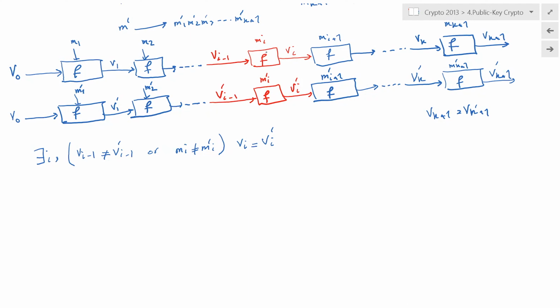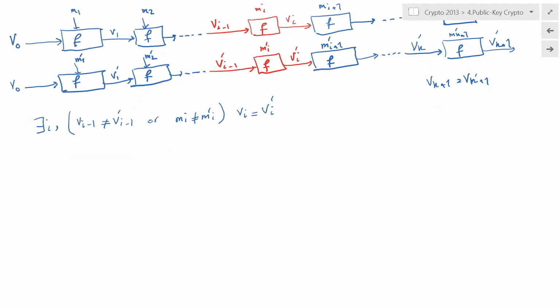So the collision happened at some point in the past: if you look at the input to the f function, at some point there is a collision because these outputs are the same. What causes that is that either these two things are not the same and these two guys are the same, or vice versa, that m_i could be different, and also these two should be the same. That should be the cause of that, if that ever happened.